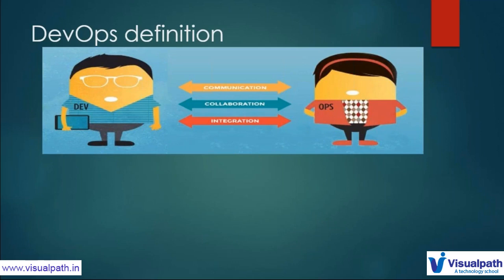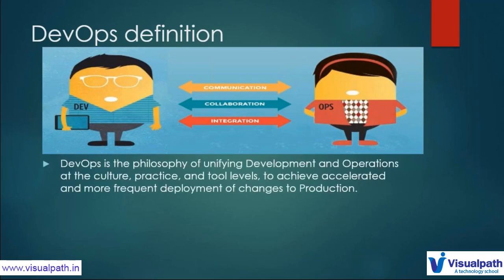So what is the definition of DevOps? Really, I don't go with definitions. In DevOps, go with the objective, what your objective is. But if you need a definition, I found this on the internet, and I think this is the most apt definition for DevOps. DevOps is a philosophy of unifying development and operations teams at culture, practice, and tools level. So guys, it's not just about the culture, not just about the practice, not just about the tools, not just about the automation, it's about everything.